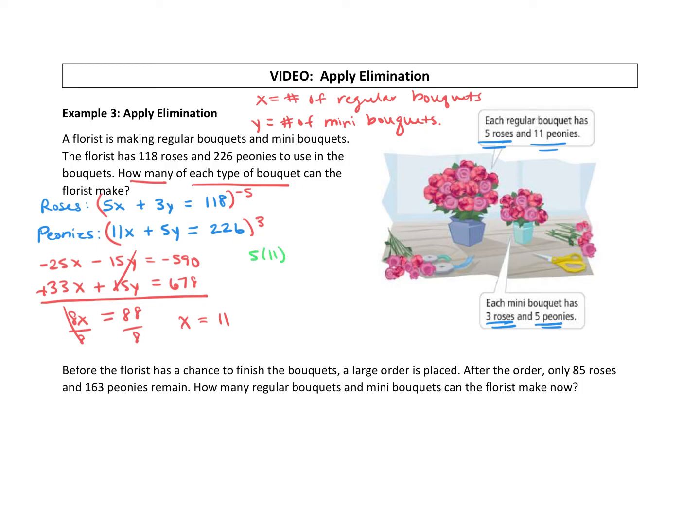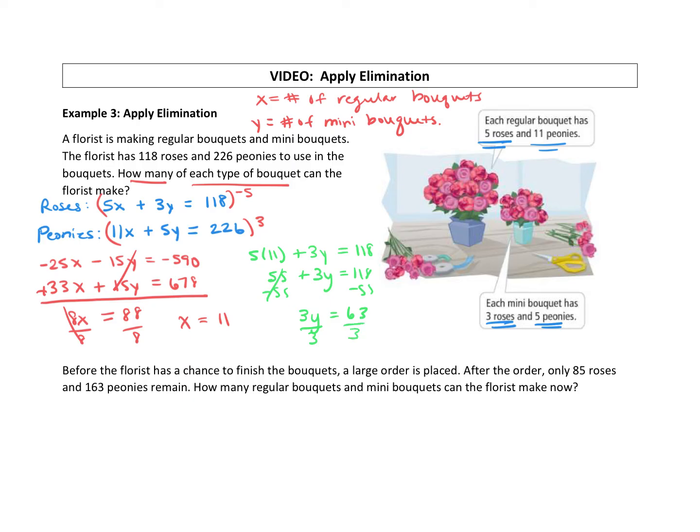So I'm going to do 5 times 11 plus 3y equals 118. 5 times 11 is 55. Let's subtract 55 from both sides. So 3y equals 63.